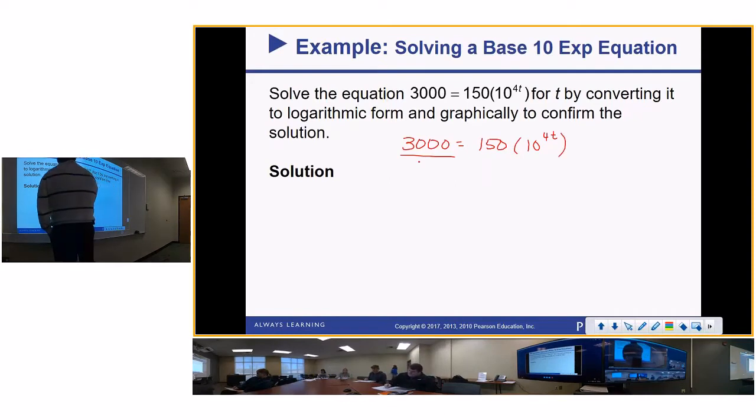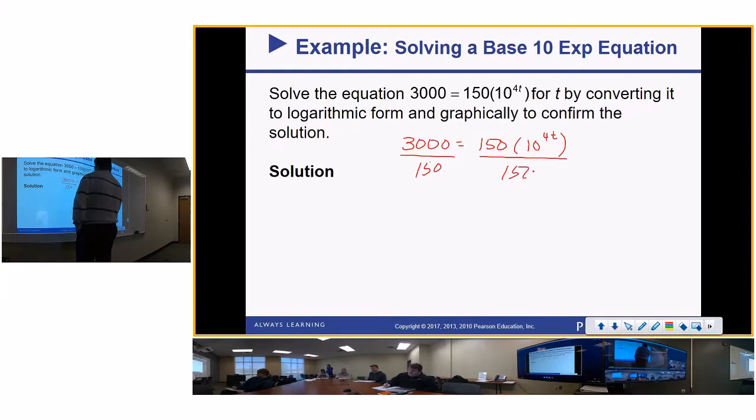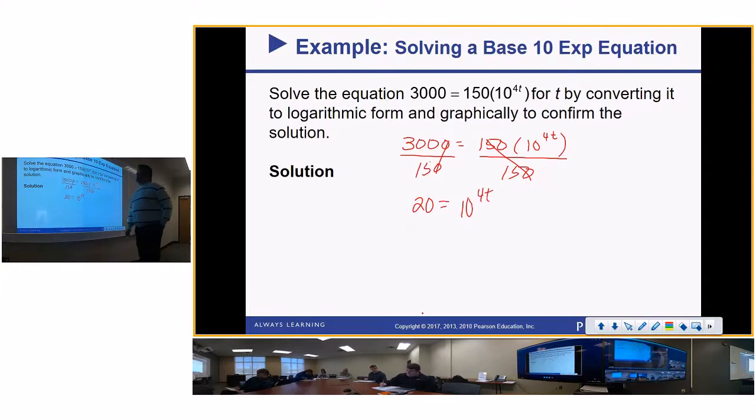Divide by 150. That's going to give you 300 divided by 15, which is 20. So 10 to the 4t equals 20. I think we've done a couple of these, but there's nothing wrong with going over it.